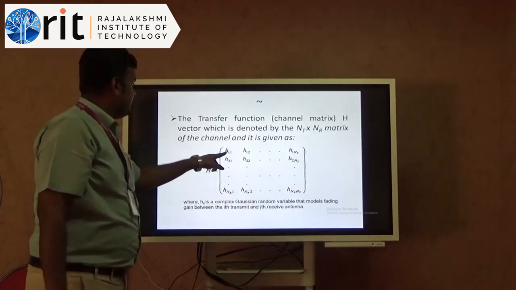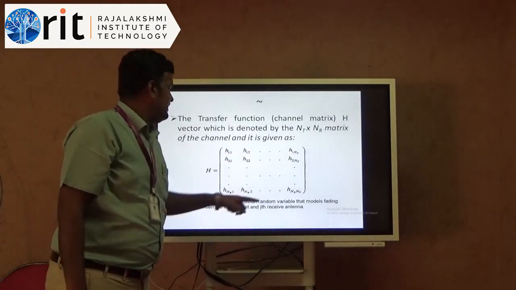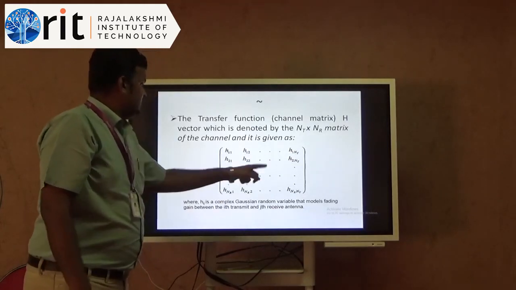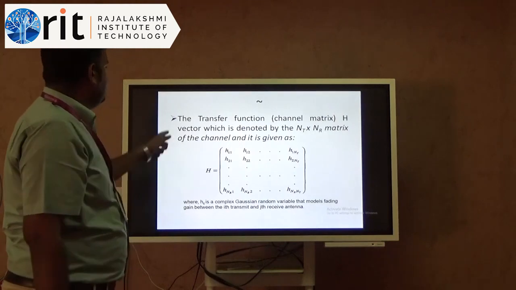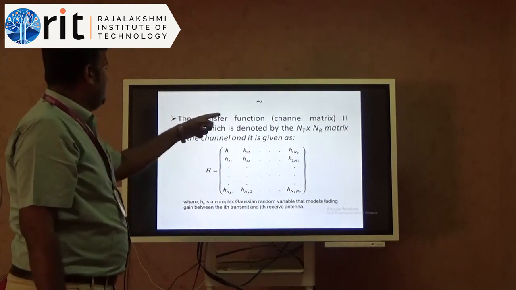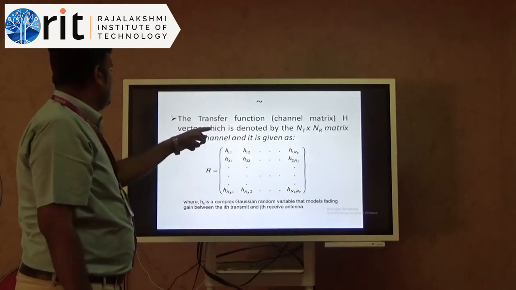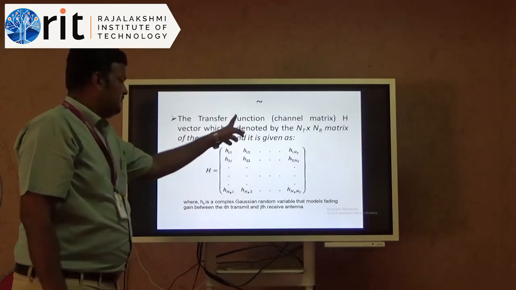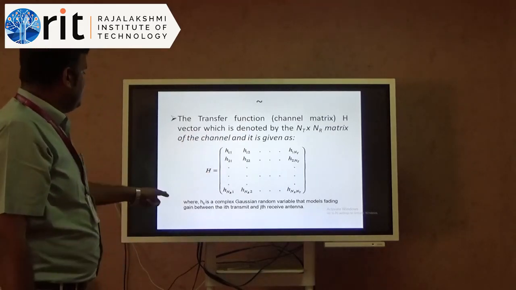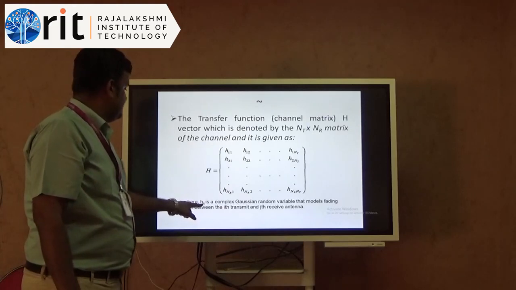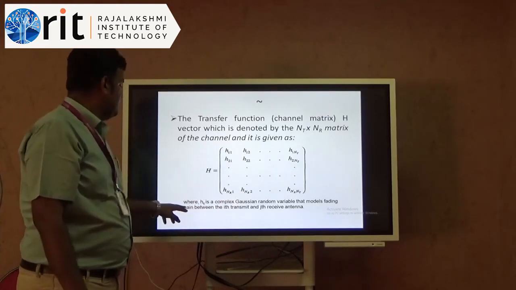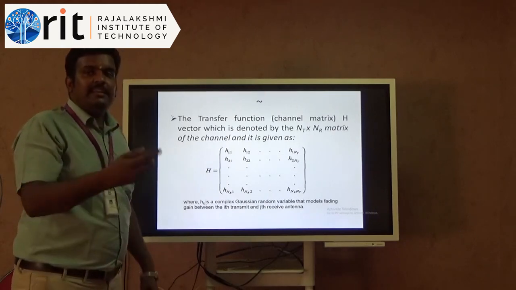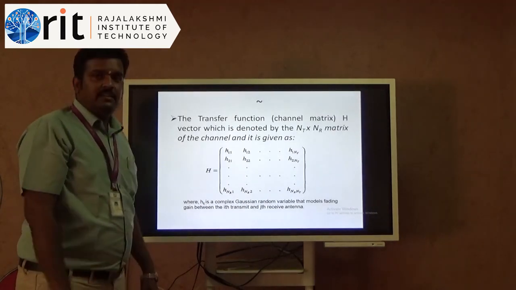Thus the matrix H11, H12 up to HNT, an NR cross NT matrix, is formed. The transfer function of the channel is denoted by an NT cross NR matrix, given as this matrix. For any element Hij, it is a complex Gaussian random variable that models fading between the ith transmit antenna and the jth receive antenna.